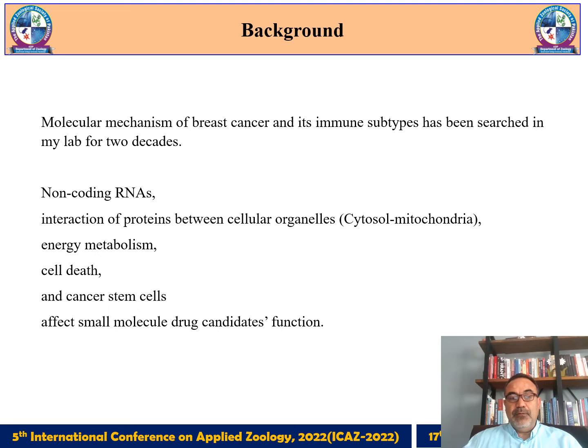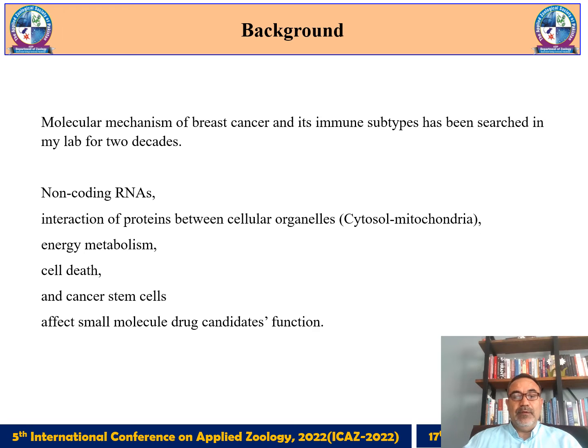Another key point is energy metabolism. As you know, most of the subtypes depend on the Warburg effect, which means relatively low or no oxidative phosphorylation is observed. Actually, in triple negative breast cancer subtypes, oxidative phosphorylation is observed.